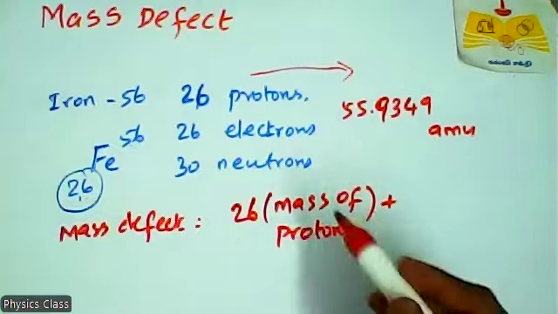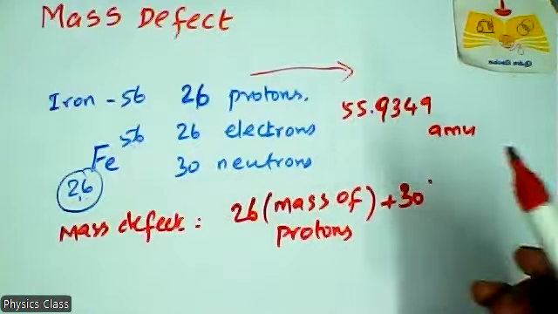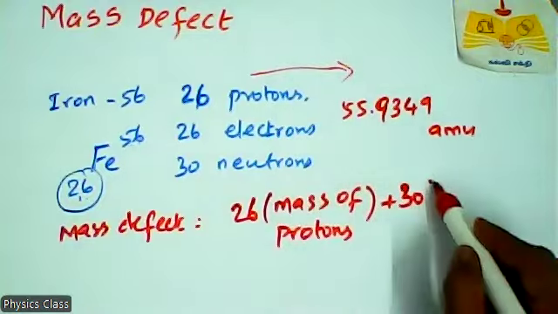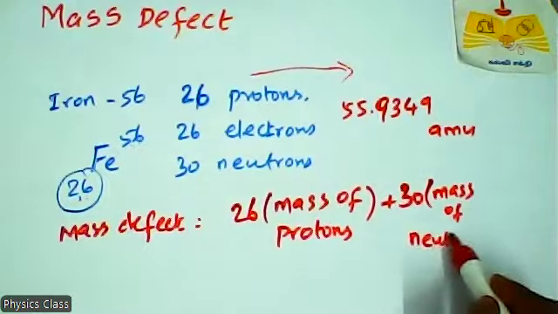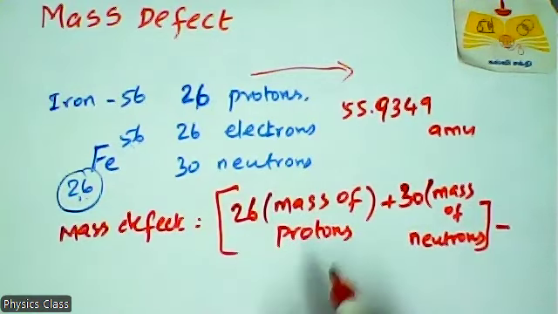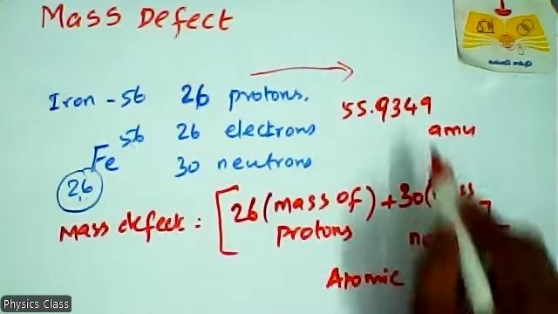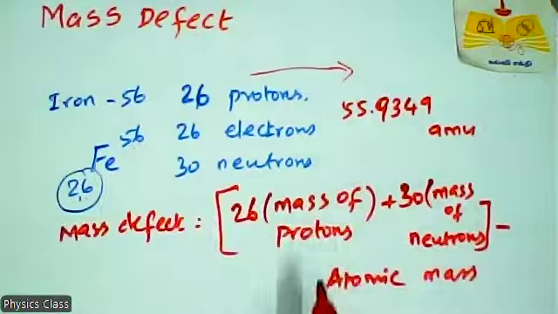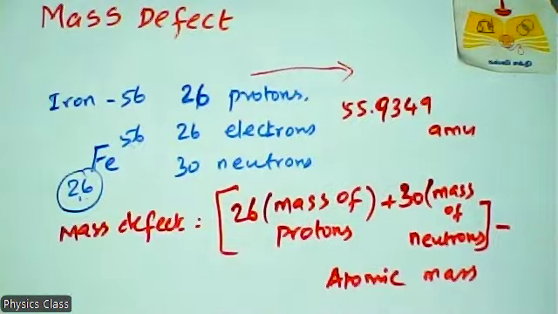N means the number of neutrons, so here 30 neutrons, and Mn is the mass of the neutron, minus the total mass, that is the atomic mass. We already have the atomic mass value, 55.9349, but we have to substitute the mass of the protons and the mass of the neutrons here. So now I will write this equation.